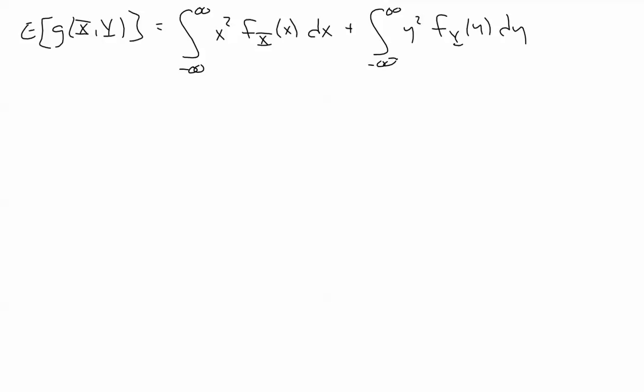And this is just the mean squared value for x plus the mean squared value for y. It's the sum of the normalized powers. Sum of the mean squares, sum of normalized powers.